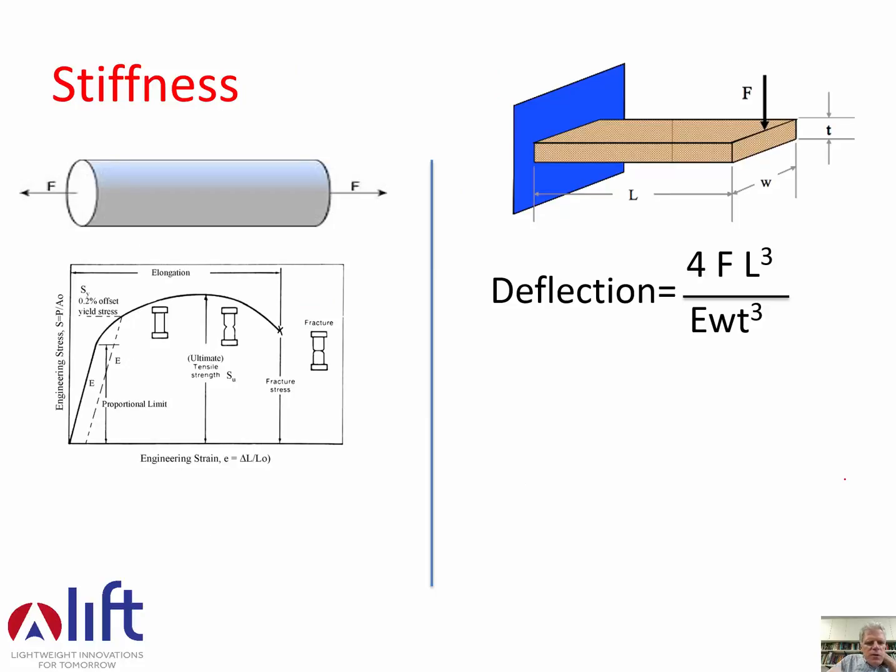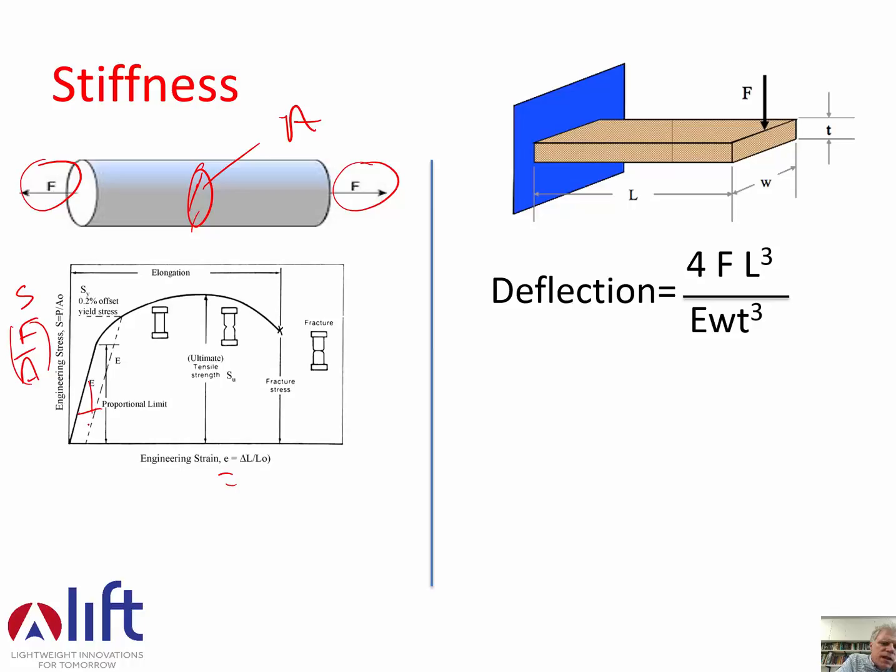So here's what we can do if we do things in tension. I'm not going to dwell on this very much, and there's lots of stuff on the web about this. You keep increasing the force, and this is the cross-sectional area A. This is the engineering stress, S, which is equal to force over area. And this is the engineering strain this way. If you take this thing and stretch it just like a rubber band, initially it's elastic, and it goes up and down along the same line.